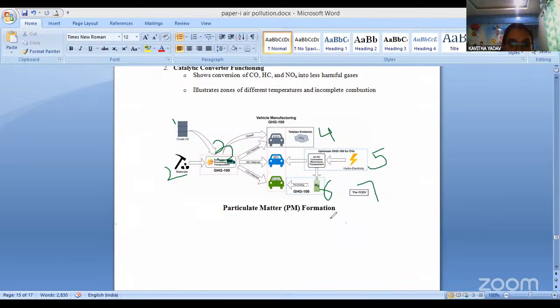Diesel. What is this arrow mark? Electric vehicles. These are the three types of vehicles. These are the non-electric vehicles. This is a combustion vehicle.